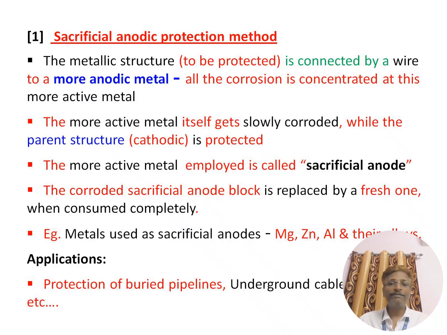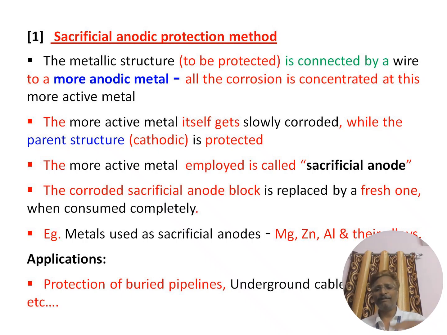So the cathode is connected with the anode via a wire. We know that oxidation takes place at the anodic region, so the anode loses its electrons and corrodes, and the cathode is protected. The anode itself corrodes, which is why it is called a sacrificial anode.